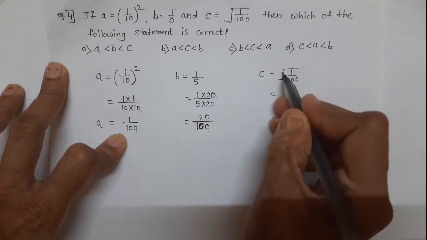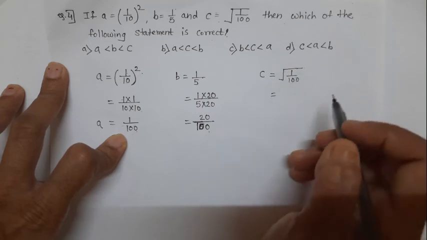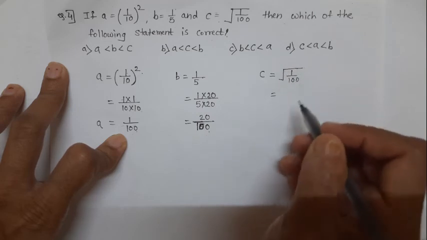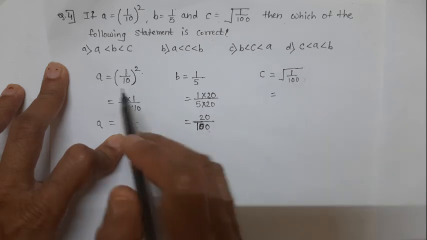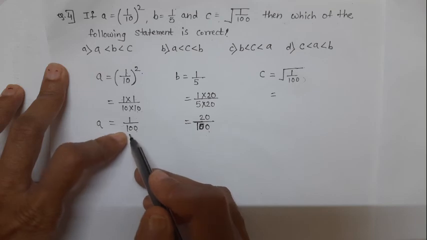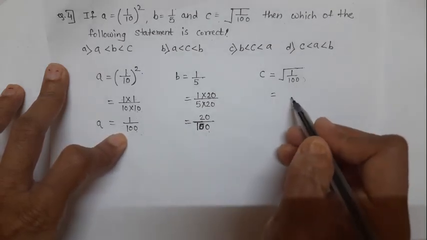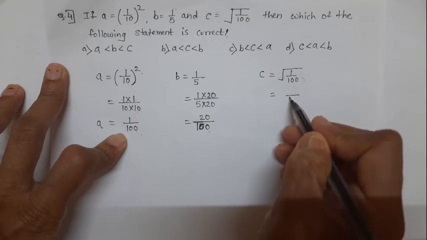This given number is under the square root sign, which means we have to find the square root of this number. Now 100 is the square of 10. When you did the square of 10, you got 100. So the square root of 100 will come 10.